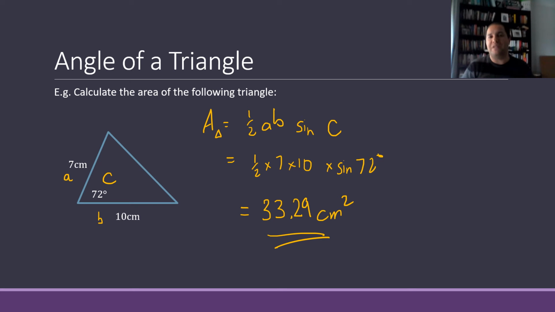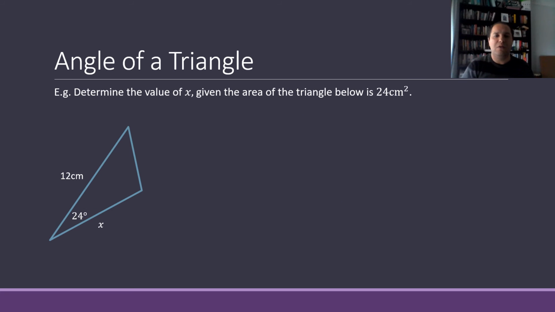And that's how we use that new rule to calculate the area of a triangle when we know two sides and the included angle. All right, now let's determine the value of x. Let's find out the length of this side, given the area of the triangle is 24 centimeters squared. We'll call that a, we'll call that b, and that angle in between is big C. So the area of our triangle equals half a times b times sine C, which equals 24 centimeters squared.